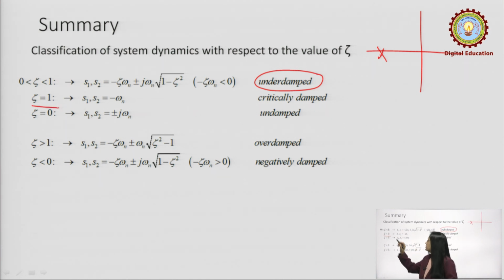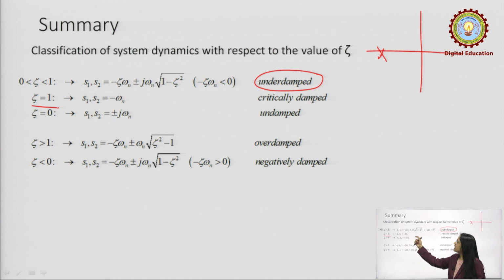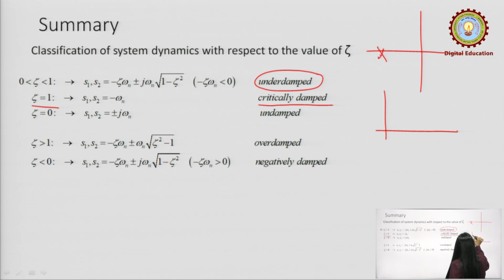When zeta is equal to 1, that is the case of critical damping. As we have seen, there are two roots and the roots are real and equal. So, that is the case of the critically damped condition. Here there are no oscillations, and as we have seen, the response reaches the steady state value without any oscillations.